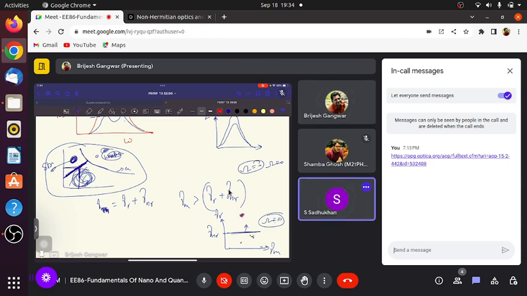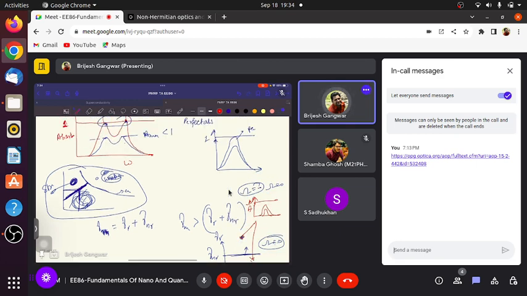In both cases you will have absorbance. If this is 1, then like this only, because this is weak coupling, not strong coupling, so you will not get this splitting, but you will get absorbance less than 1.